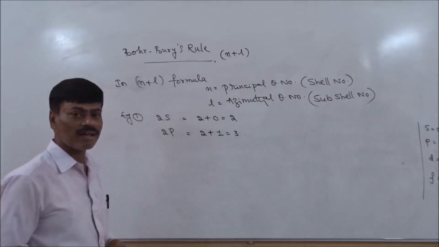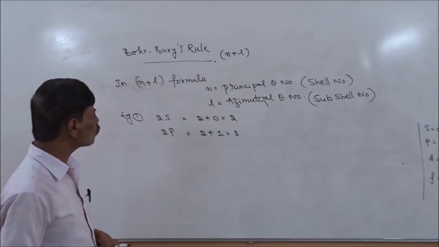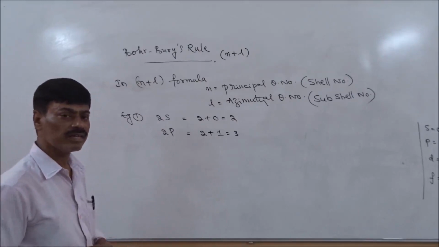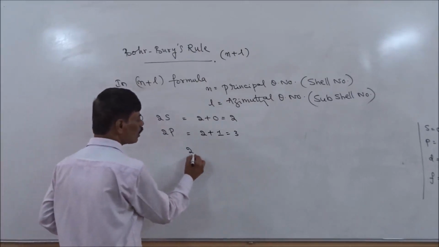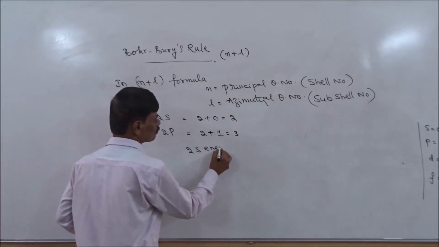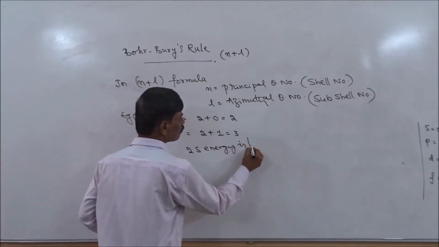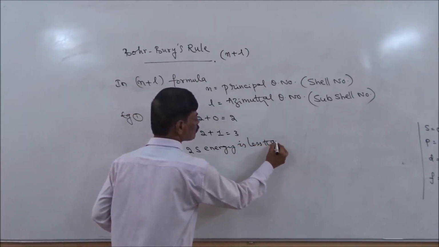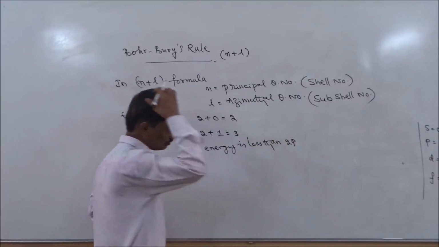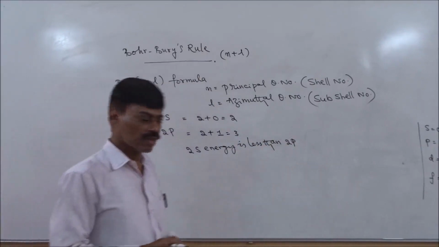So 2s has the value 2, 2p has the energy value 3. In that way, 2s energy is less than 2p. That is the rule.